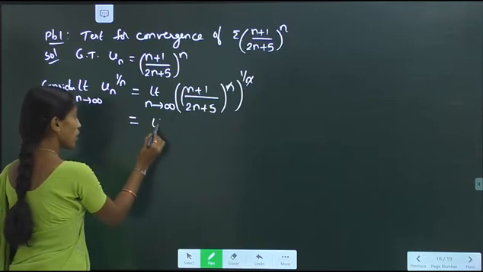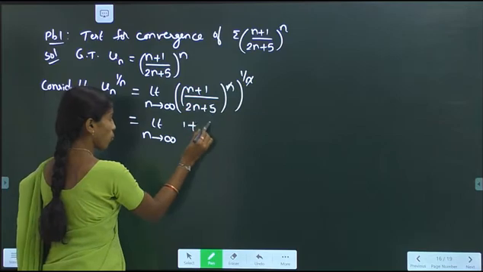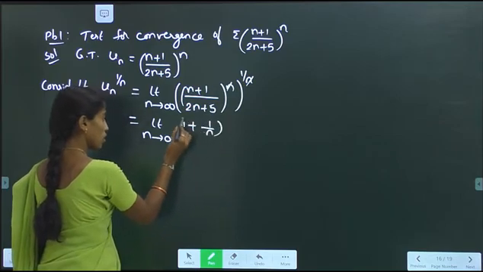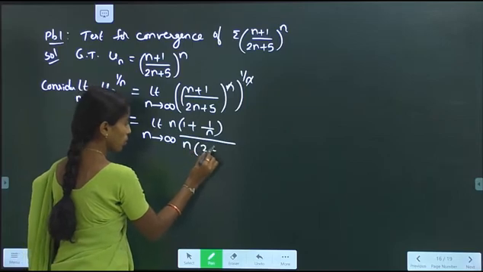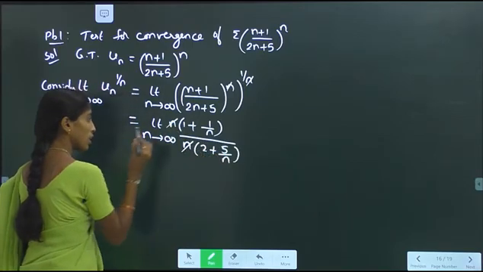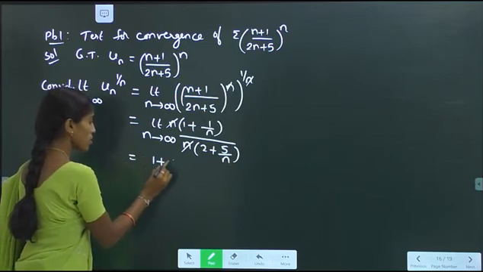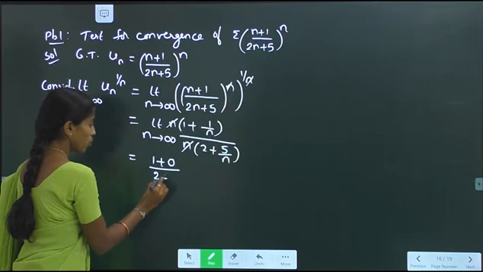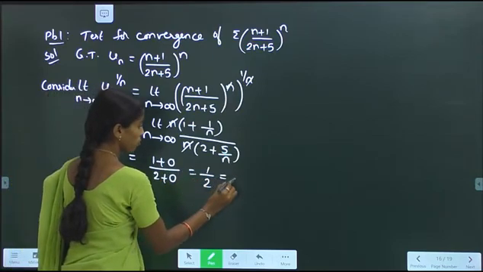Taking common n from both numerator and denominator, 1 plus 1 by n into n by n into 2 plus 5 by n, and n cancels. As n tends to infinity, 1 plus 0 by 2 plus 0, 1 by 2.